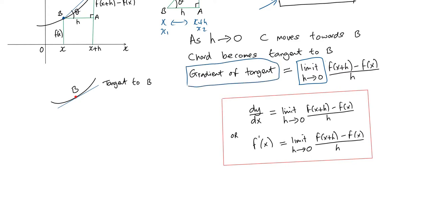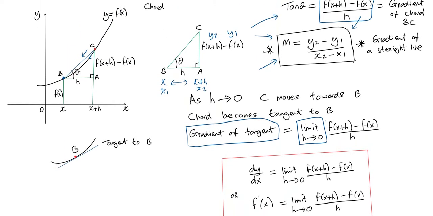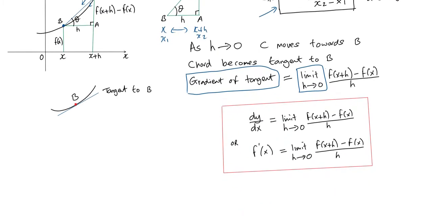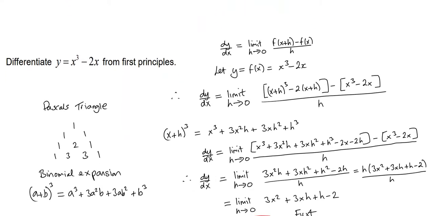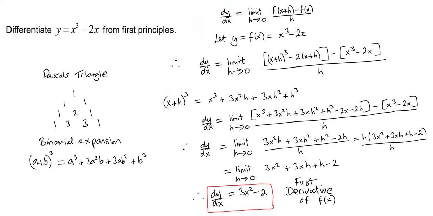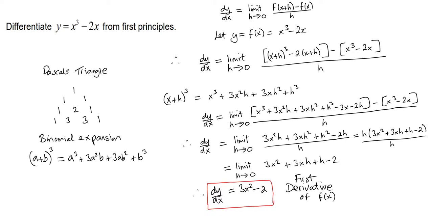Now I'm going to do an example, because I don't think they'd get you to prove it, as long as you understand where it comes from. The reason that they like giving you questions on this is because it brings forward a couple of ideas from the first year about the binomial expansion as well.